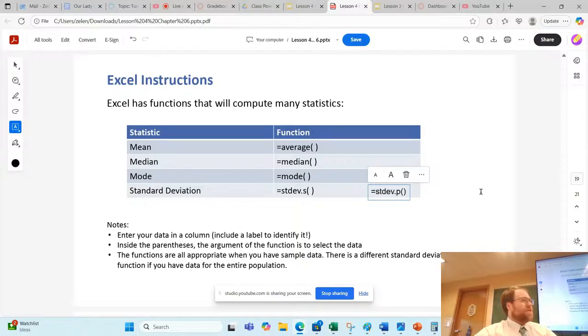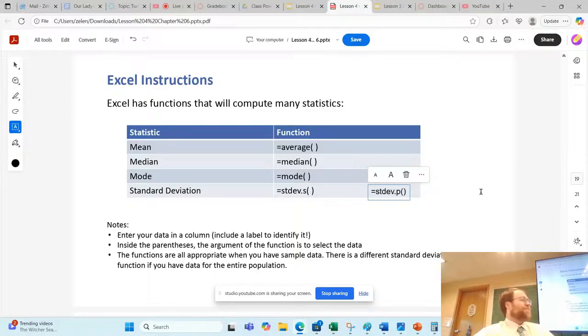P. What do you think S and P stand for? Sample and population. So kind of applying some of the chapter 5 things there. Sample for S, population for P.